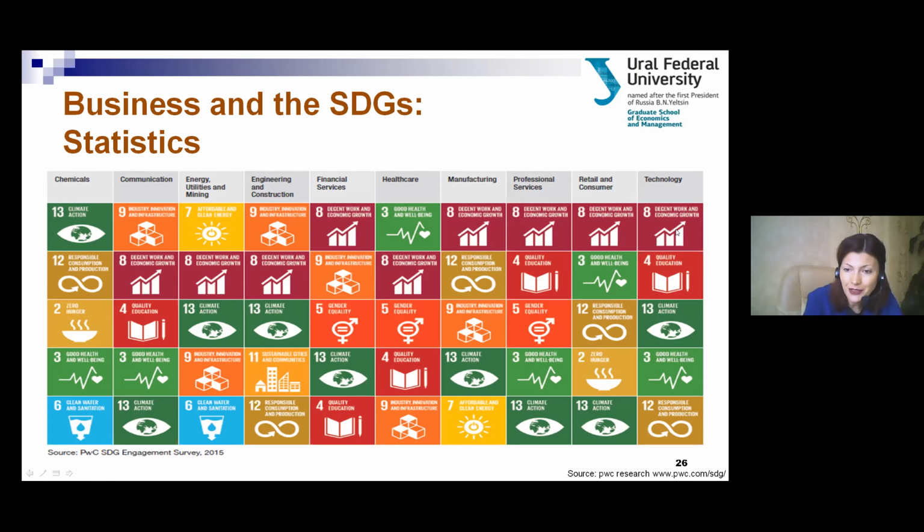So what's happening is that most of them, of course, have climate action, but the SDGs are placed here as they were ranked by the companies. And you can see, sometimes it's actually amazing that not everyone put decent work and economic growth as a top result for development of the industry, you see.